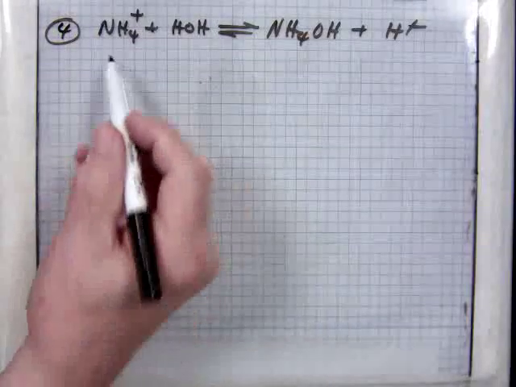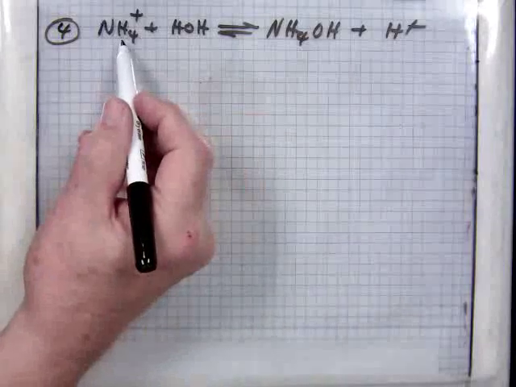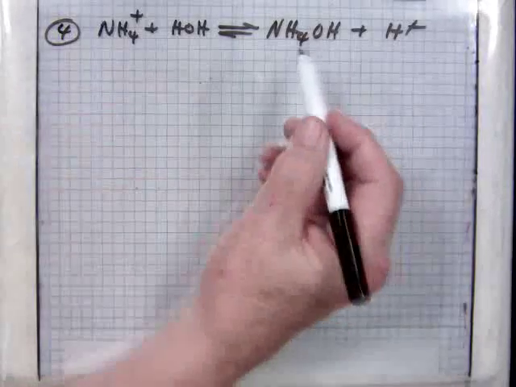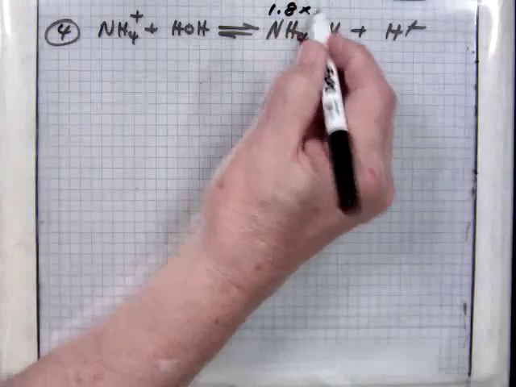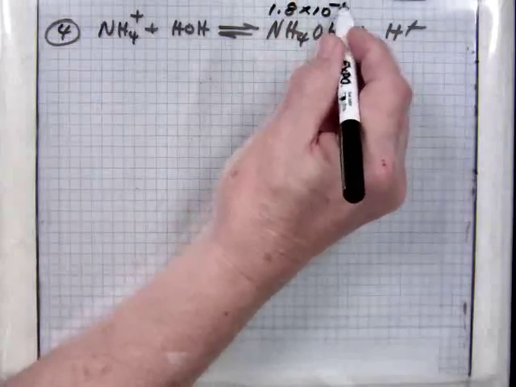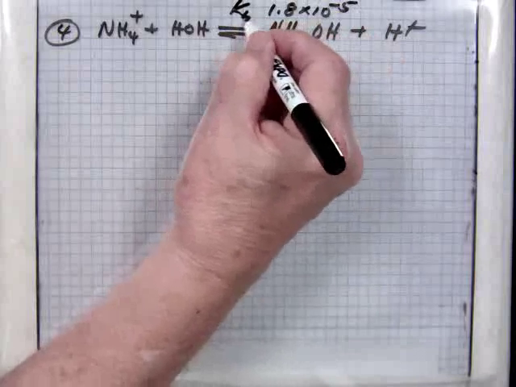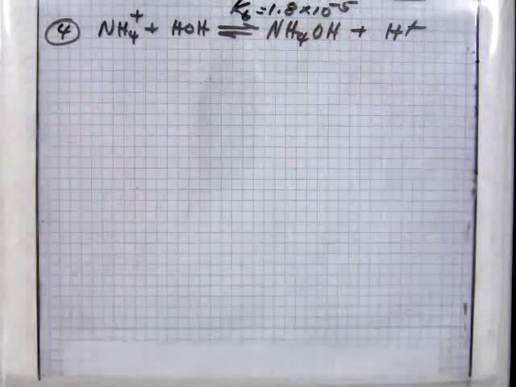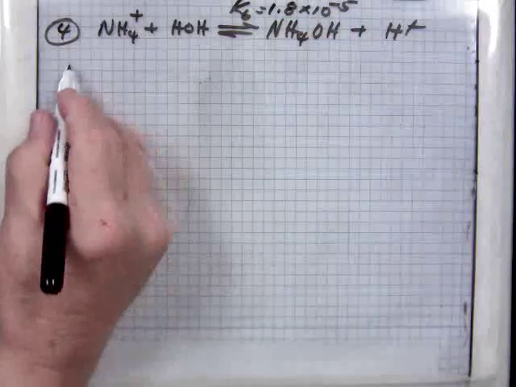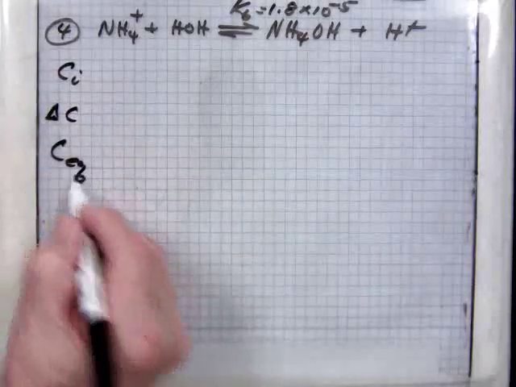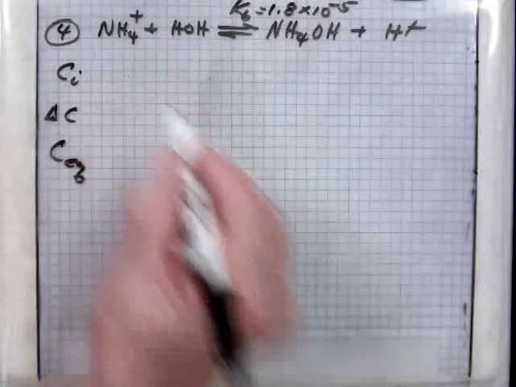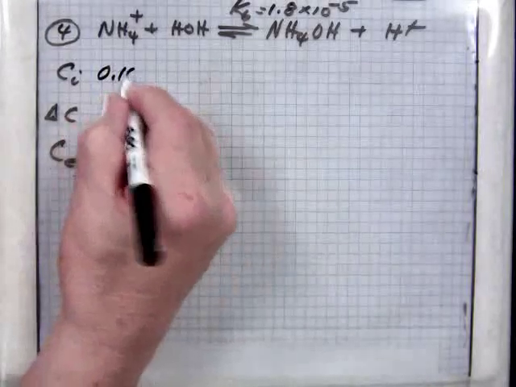So what you want to do is set up an ice table with the one that generates the weak electrolyte, and for memory, there's your Kb value for the weak base, and that'll be given. So you've got initial, change in concentration, concentration at equilibrium, and that is 0.10.